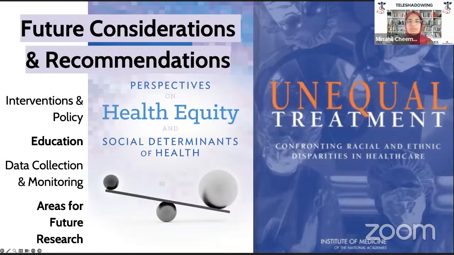And now we're going to leave you with food for thought and future considerations and recommendations. So I'm going to stay on this slide for a bit. We're going to have a bit of a discussion because the general recommendation is that we need to increase awareness of racial and ethnic disparities in healthcare among the general public and key stakeholders, not just healthcare providers, but also policymakers, and increase our awareness of disparities as a collective whole, as a public.